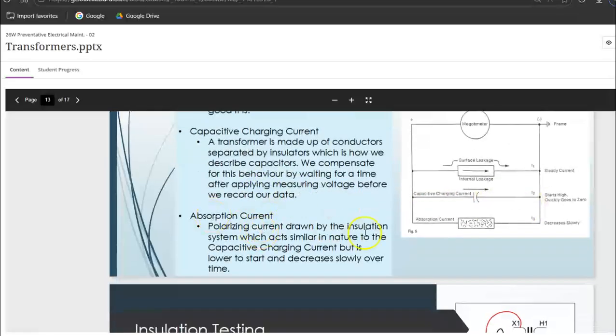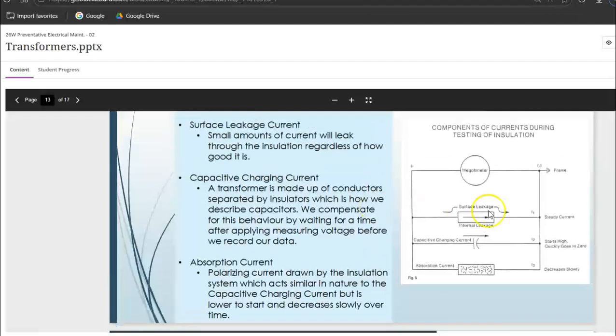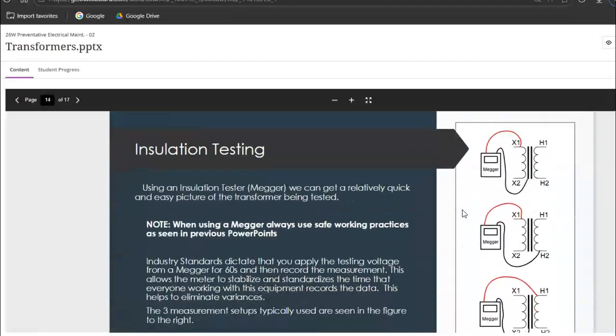And the absorption current is the polarizing current drawn by the insulation, which acts similar to a capacitor, but it's lower and decreases. So you give a 60-second test to let the capacitive charging effect drop down to 0 or almost 0. And then you get a fairly accurate reading of the actual surface leakage or the insulation leakage.